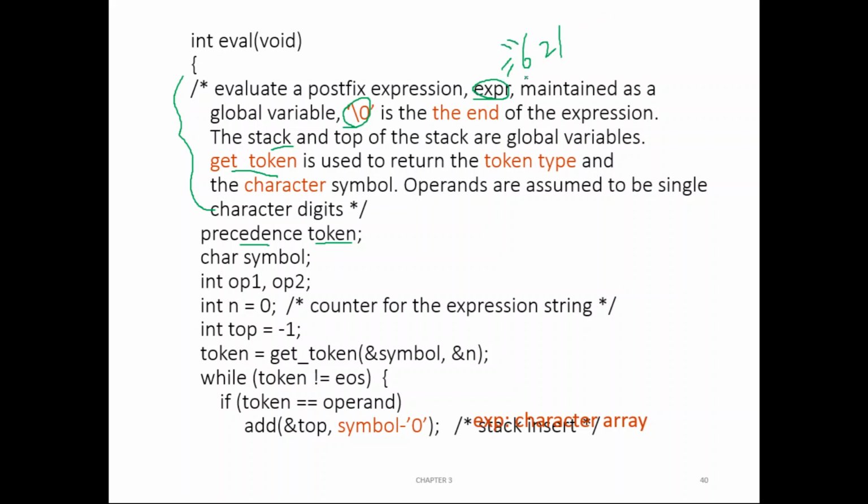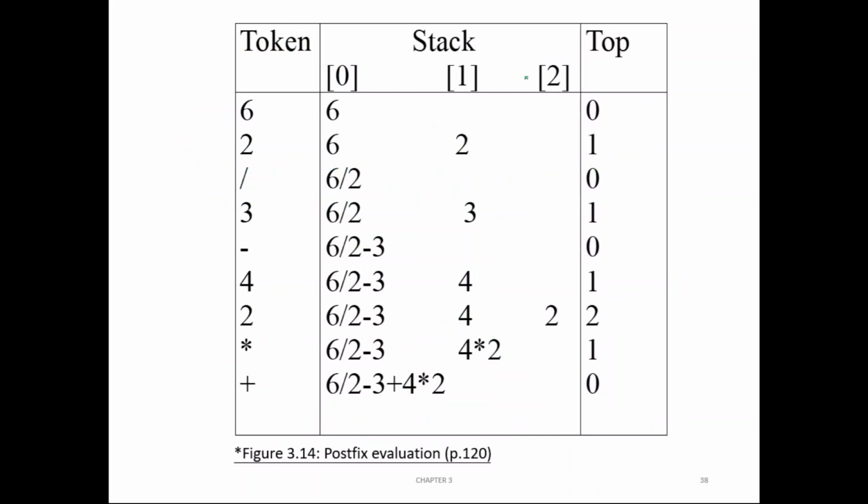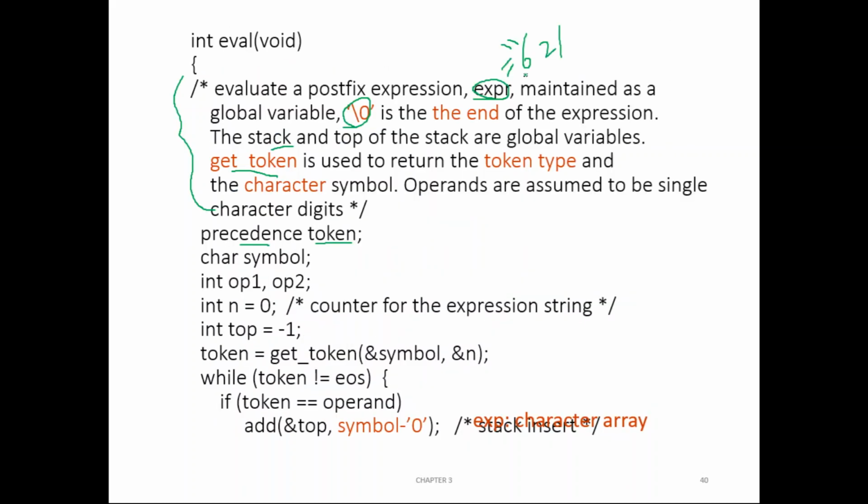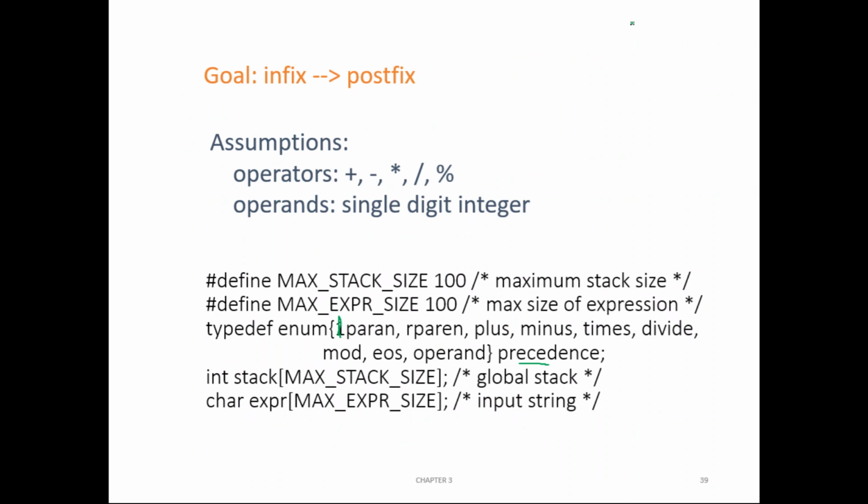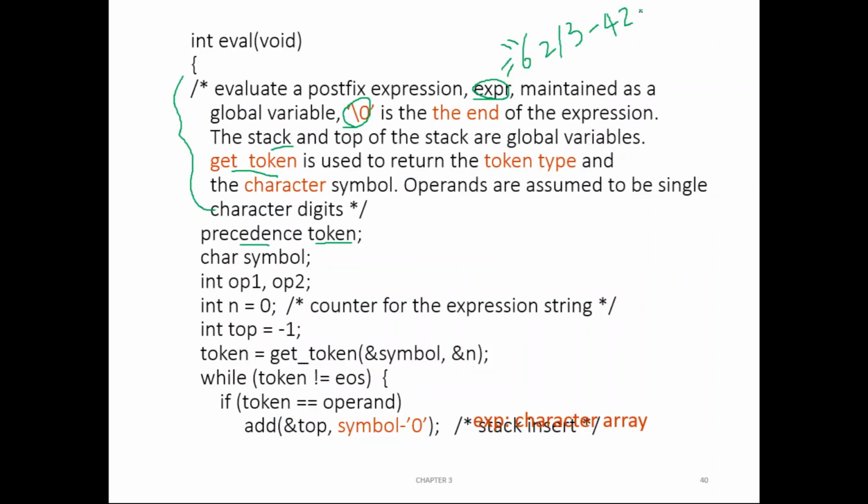So this particular string 62/3-42*+ ends with a \0. \0 is read as one character, it's not two characters.